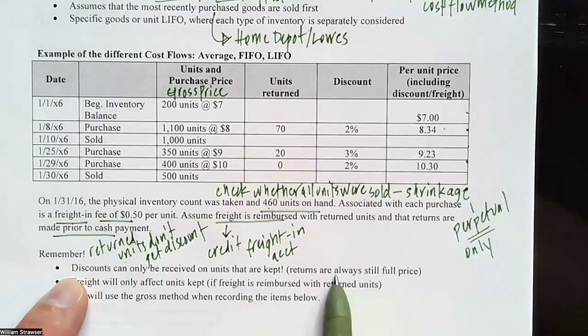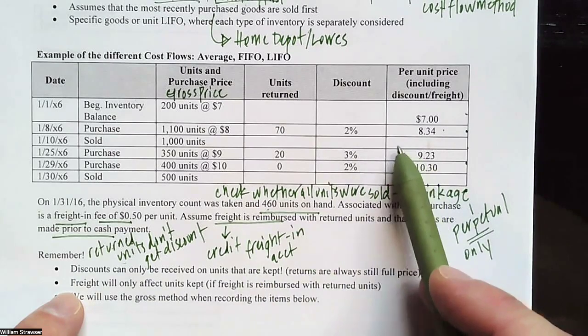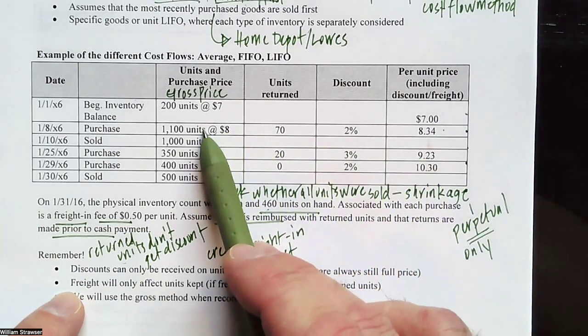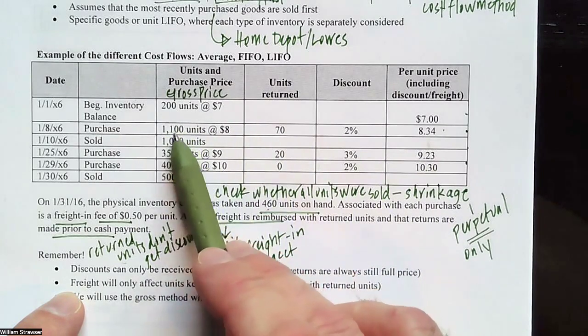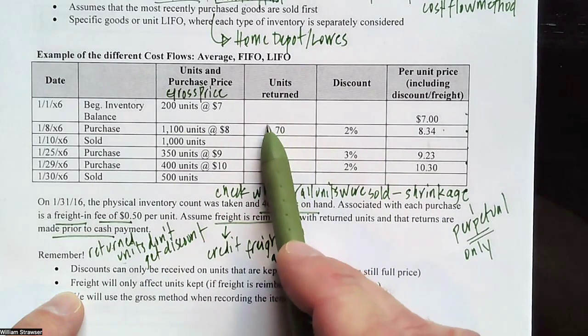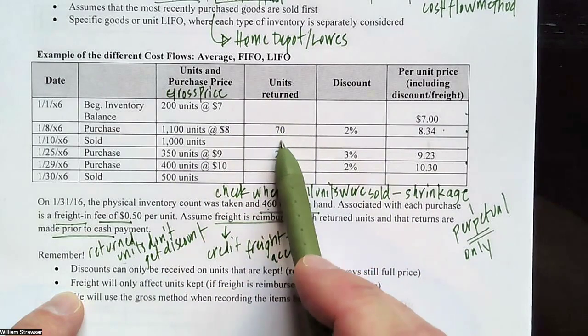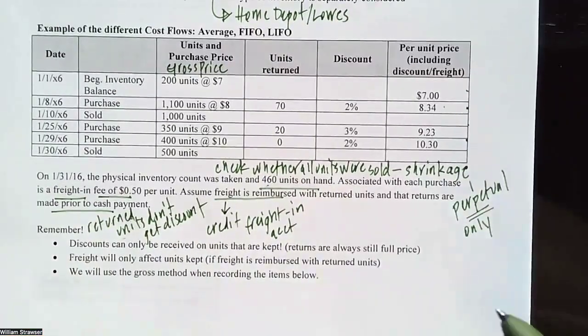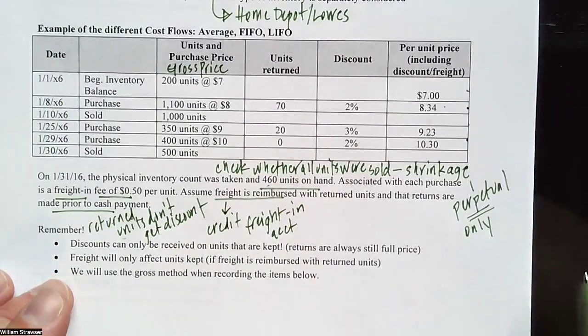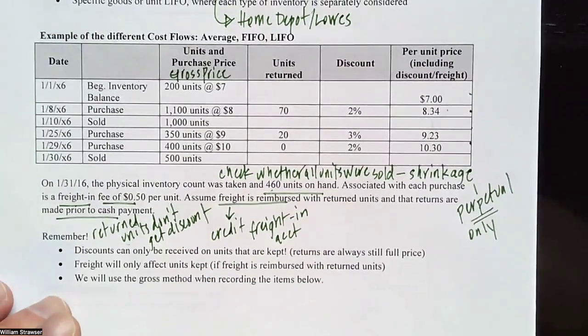Because we didn't pay for them, so we don't get the discount. Freight only affects the units that are kept, because freight is reimbursed with returned units. So in my calculations, I'm always going to be calculating freight based on the units that I actually kept, so not 1100, but 1030 after I subtract off the units that I returned. And for this example anyway, I'm going to be using the gross method when recording these items.